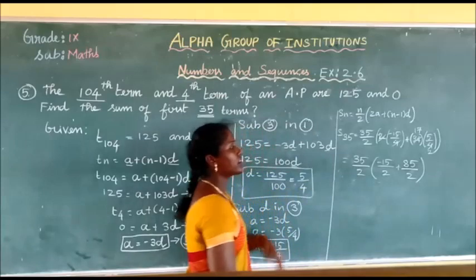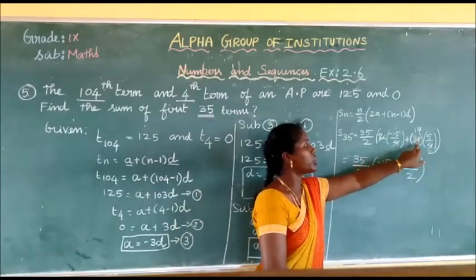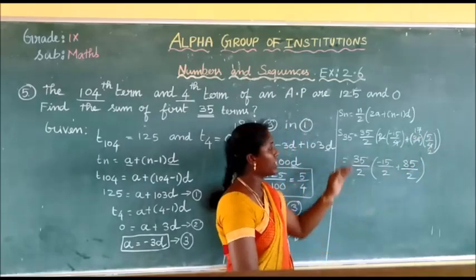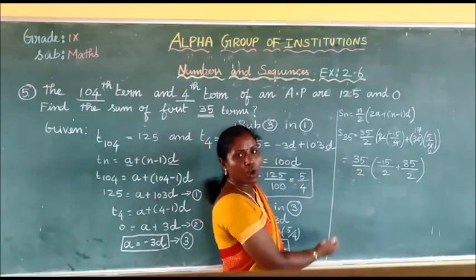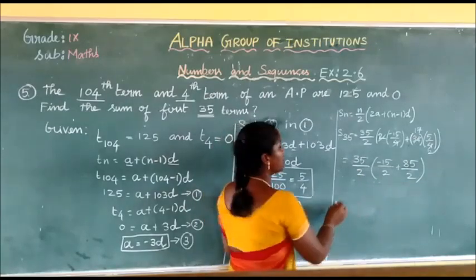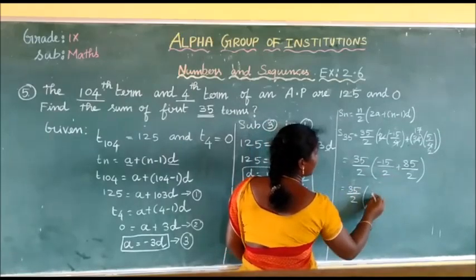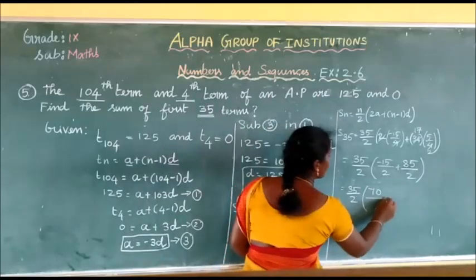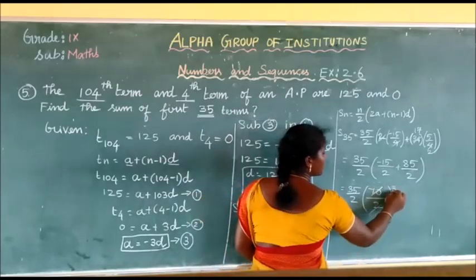Now it is normal calculation, we know how to add the numbers in fractions. So 35 by 2 into 85 minus 15, which is 70. So 70 by 2. If we simplify 70 by 2, the answer is 35.